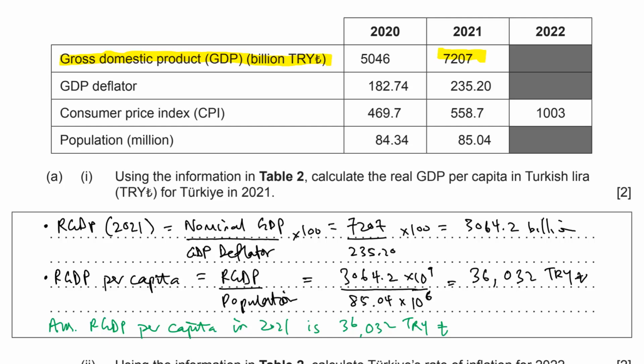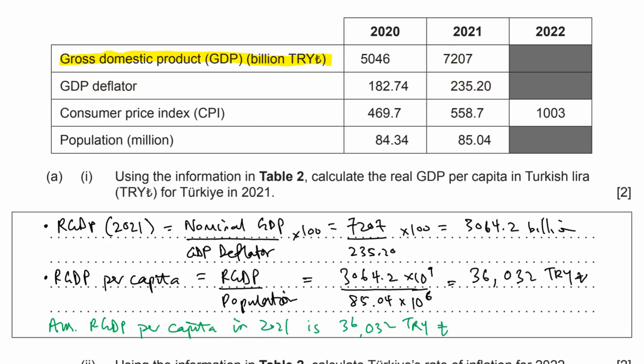This is a nominal GDP. If you recall, nominal GDP is not the preferred measure because it has inflation mixed into it. It hasn't really taken into account the effects of inflation. So in order to remove those inflation effects, we have to take the nominal GDP and divide it by the GDP deflator in order to derive the real GDP.